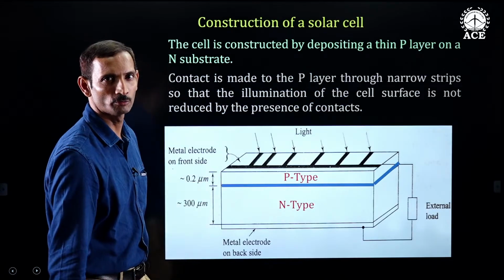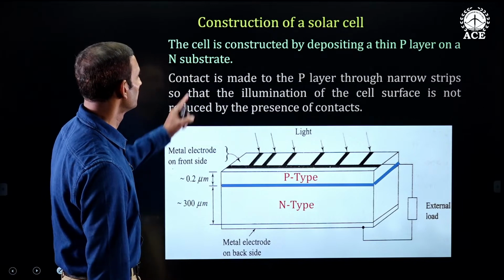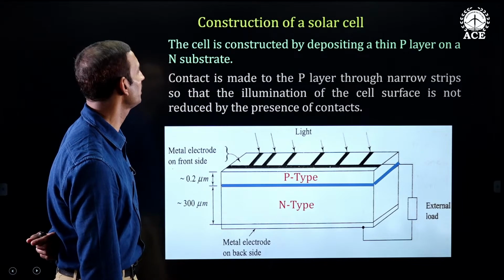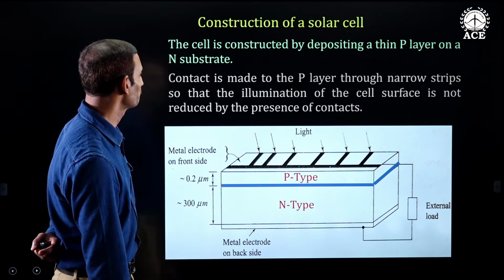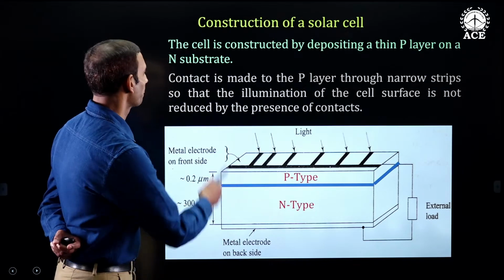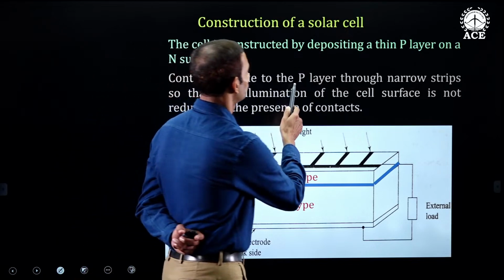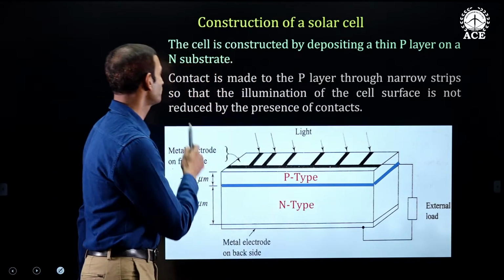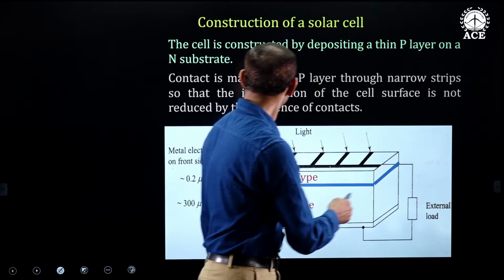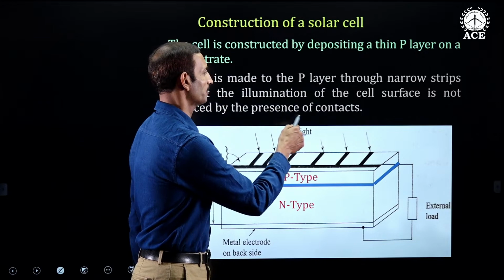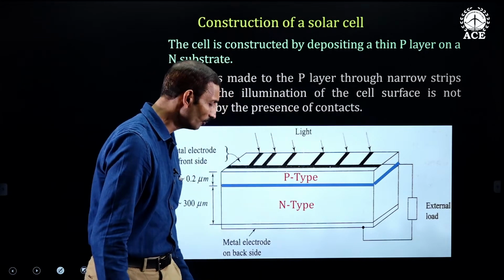I'm going straight away to the construction of a solar cell. A cell is constructed by depositing a thin P layer on an N substrate. We have understood what is meant by substrate and the deposition concepts also. Contact is made to the P layer through narrow strips so that illumination of the cell surface is not reduced by the presence of contacts.